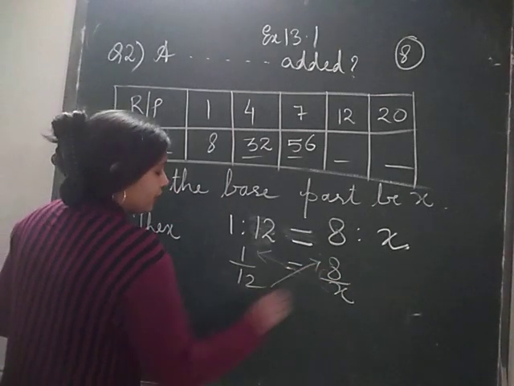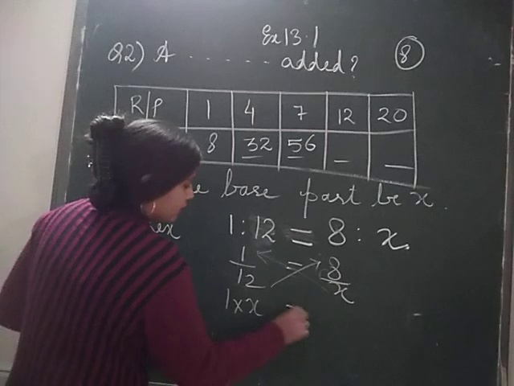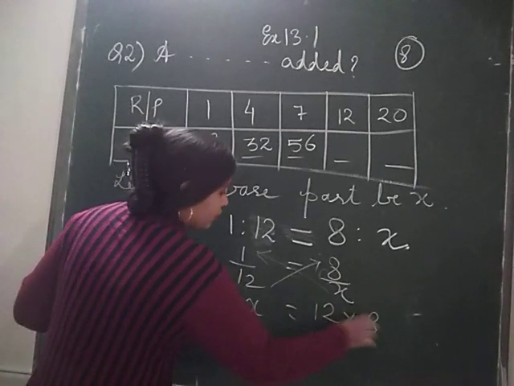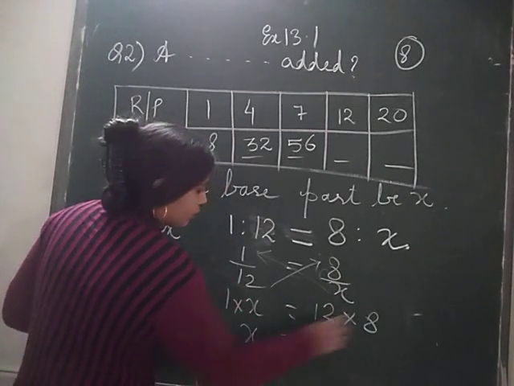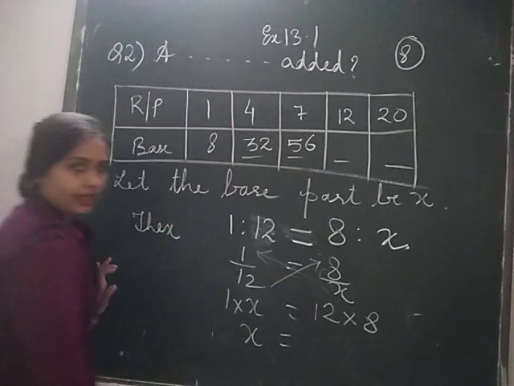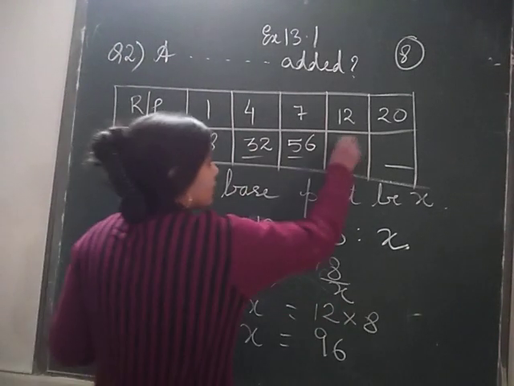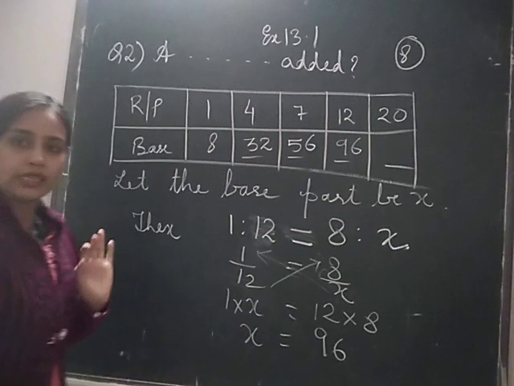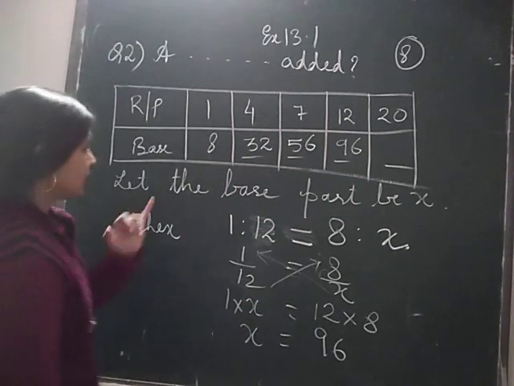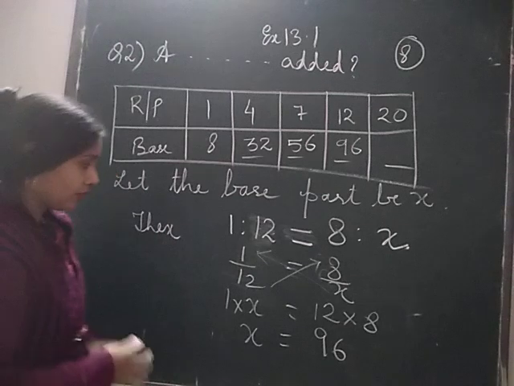Cross multiply. So 1 into x and here 12 into 8. So x is equal to 12 8s gives us 96. So here the part is 96.